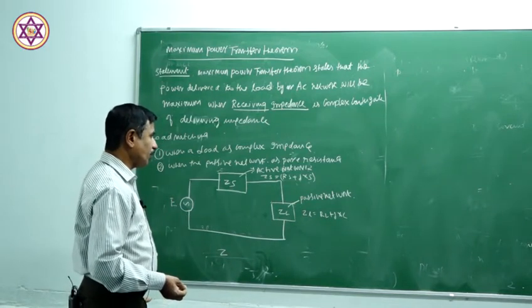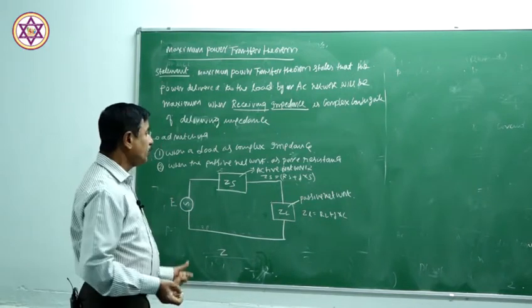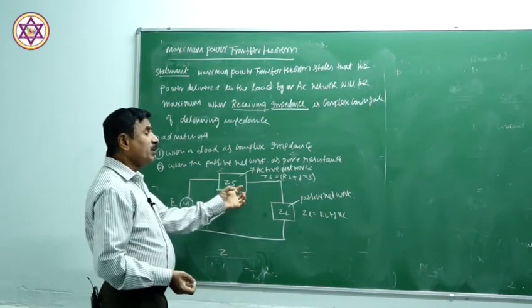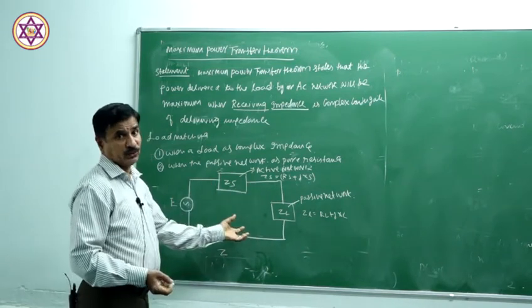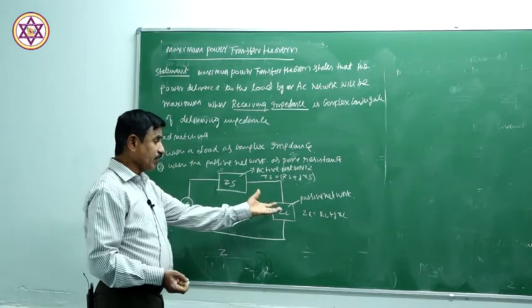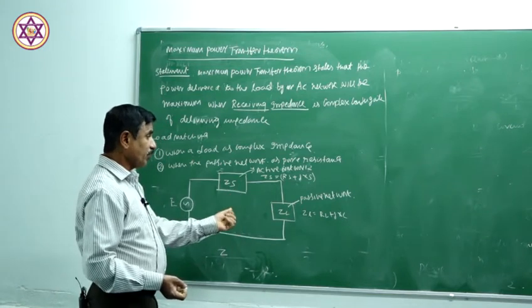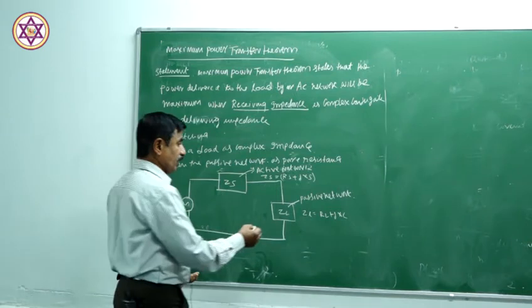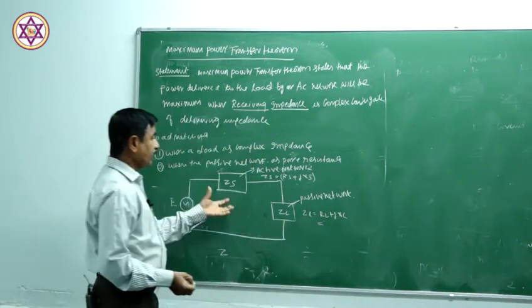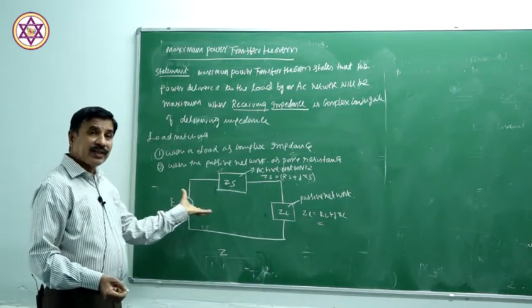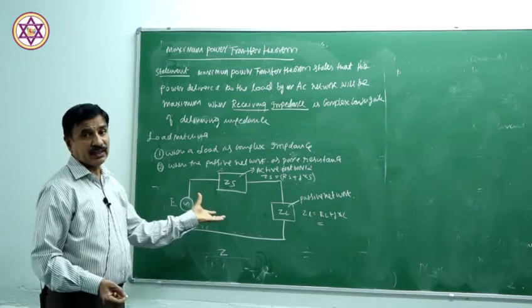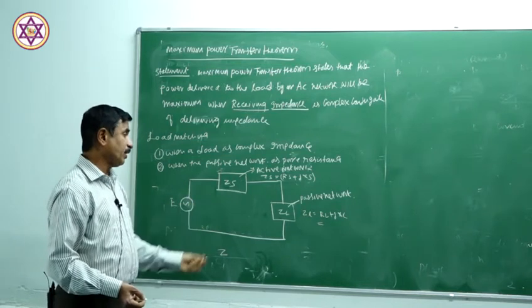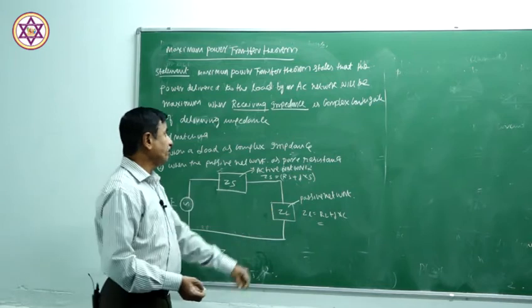According to the maximum power theorem, we can adjust the maximum power in the circuit by adjusting the load resistance. So by varying RL, I can get the maximum power in the circuit.